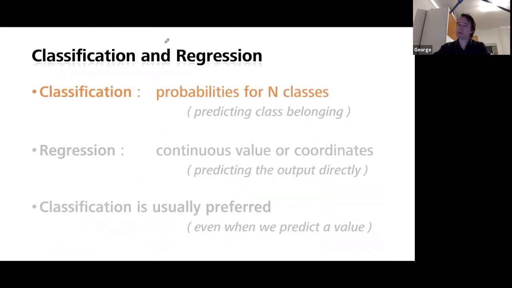Classification and regression are two different types of networks. In classification, you are trying to predict whether your input belongs to a specific class. Regression means that you have an input function and you're trying to predict the output value.